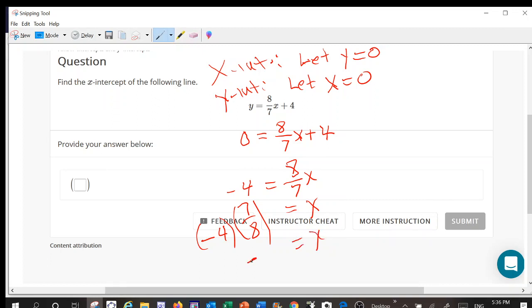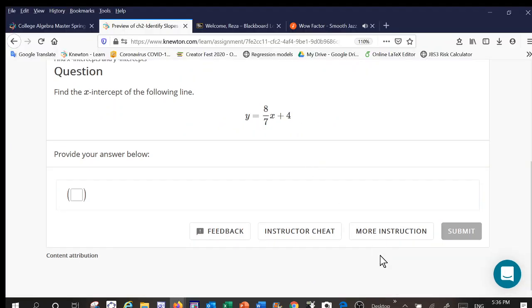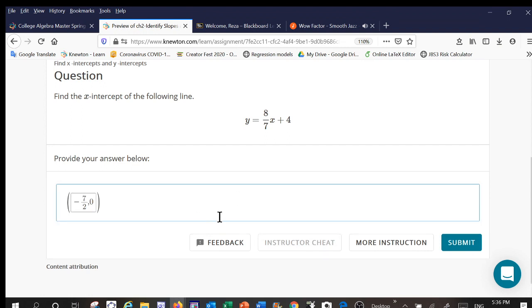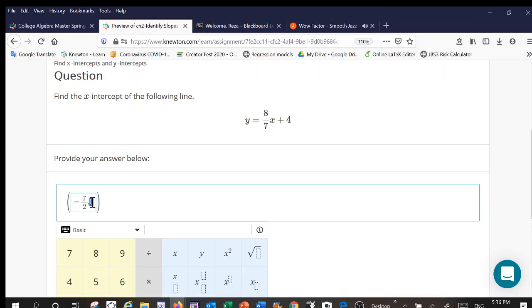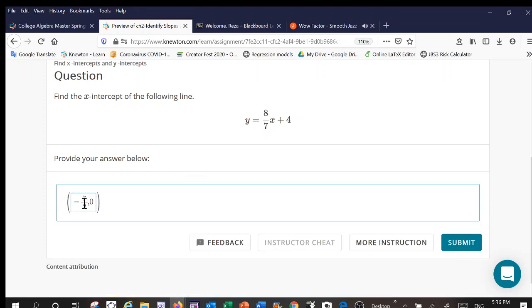Well, it would be negative. 4 by 4 is 1, 8 by 4 is 2, so -7 over 2. So notice that you have to type in a point, not a number. It has to be a point. The x of it is going to be -7 over 2, and the y is going to be 0. So don't put a number here. It has to be an ordered pair, right?